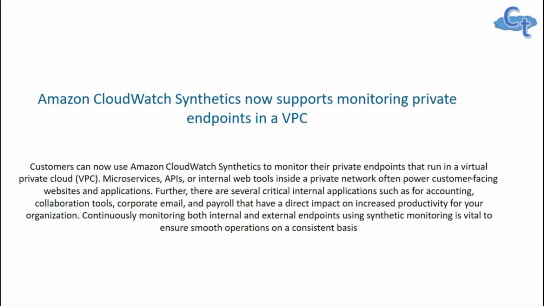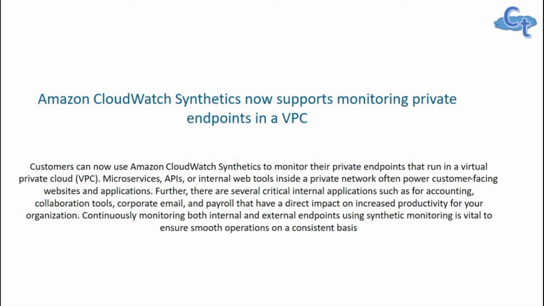Customers can now use Amazon CloudWatch Synthetics to monitor their private endpoints that run in a virtual private cloud. Microservices, APIs, or internal web tools inside a private network often power customer-facing websites and applications. Further, there are several critical internal applications such as accounting, collaboration tools, corporate email, and payroll that have a direct impact on increased productivity for your organization.